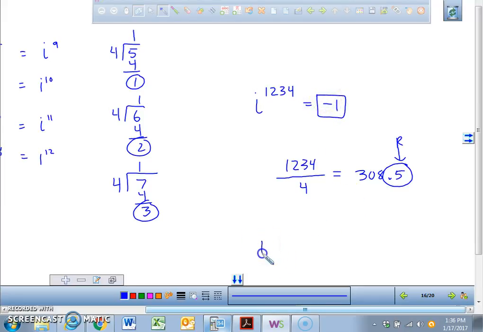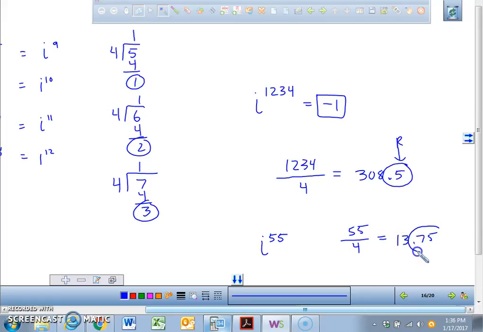I'll do one more. Ready? Try this one. I to the power of 55. I believe it's one of your problems on your assignment anyway. What are we going to do with 55? Divide it by 4. Do 55 divided by 4. 13.75. What are we worried about? We're not worried about the 13.